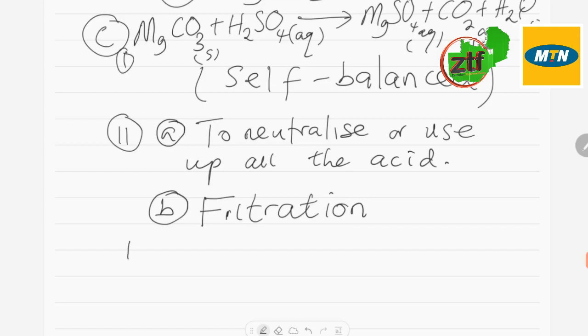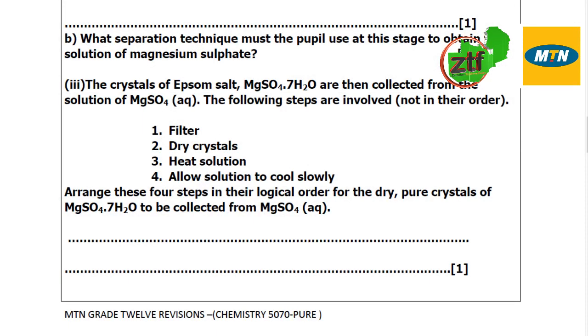Okay, we're now going to look at question C3. The question reads, the crystals of Epsom salt, magnesium sulfate heptahydrate, are then collected from the solution of magnesium sulfate.